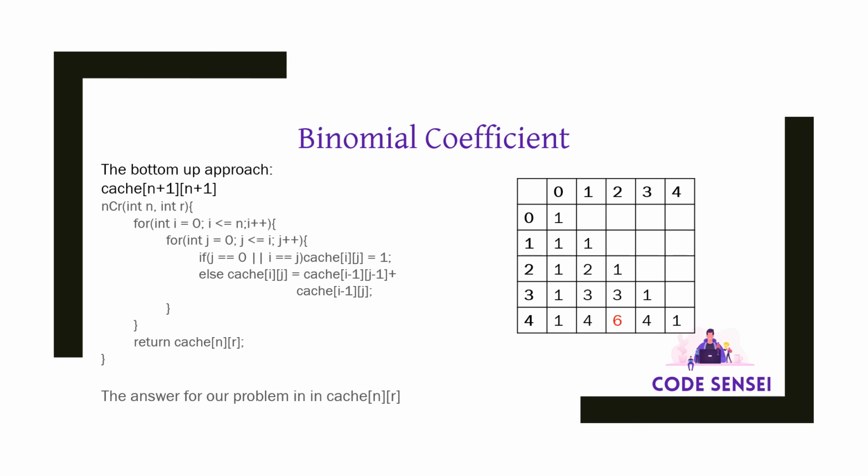When you go bottom up and calculate the value for 4, you need just the values of its previous row, right? We don't need the values for the twos. I mean, when n equals 2 and n equals 1, you don't need them when you are calculating just for 4. So what you can do is you can make your program even more efficient by using a matrix of only two rows and n columns.